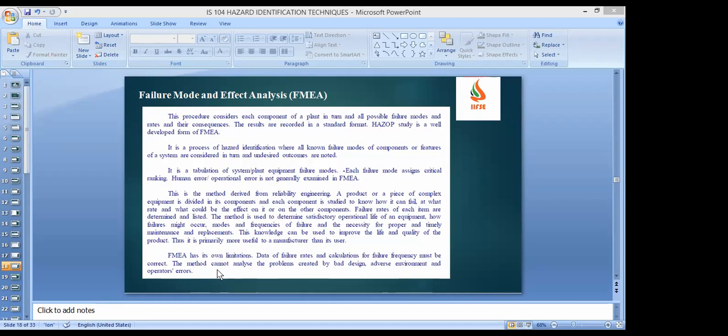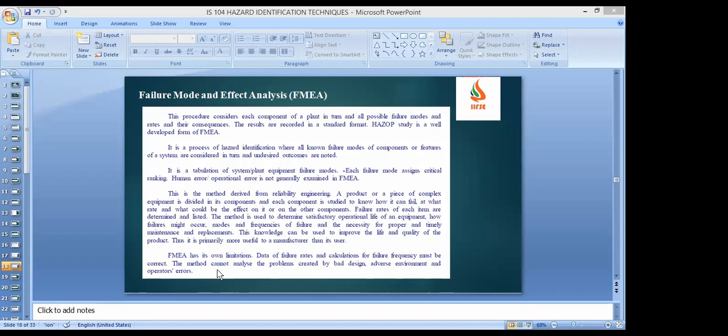And FMEA has its own limitations. Data of failure rates, and also calculations for failure frequency must be correct. And the method cannot analyze the problems created by a bad design, adverse environment, and also operational errors. It talks about only the component failure. If the data is wrong, then your calculation will go wrong, and the frequency of failure rates, if it is wrong, then the calculation will go wrong.